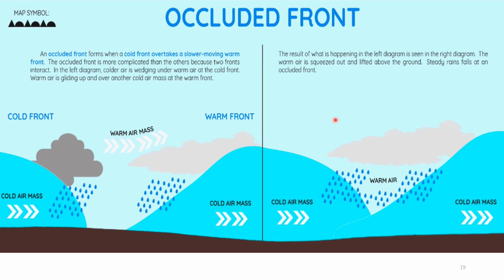And you can see in the right diagram is the result of what is happening in this left diagram. So the warm air now is squeezed out and lifted above the ground. So this means it produces the steady rains at an occluded front.